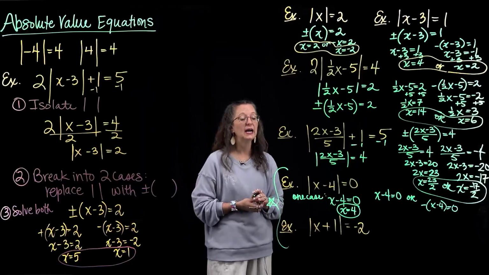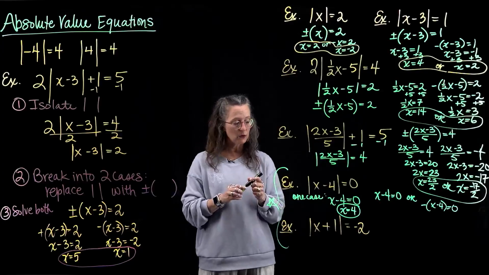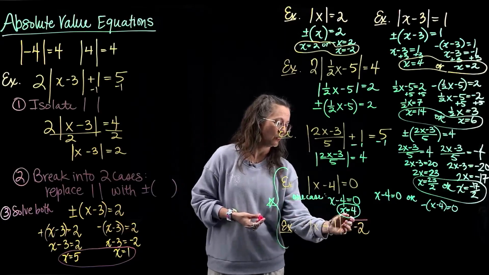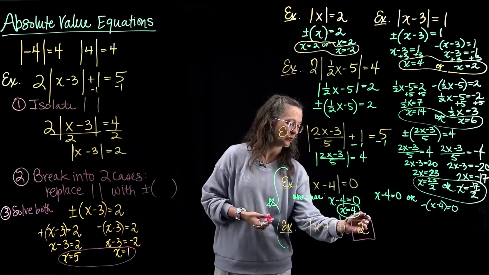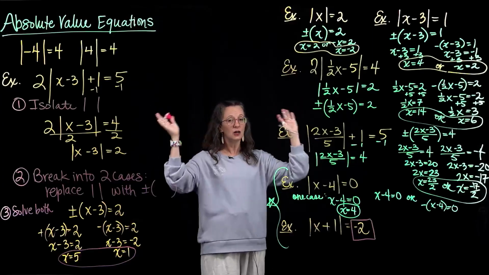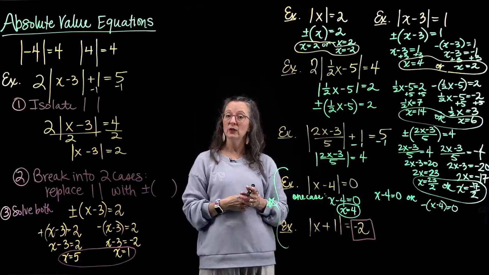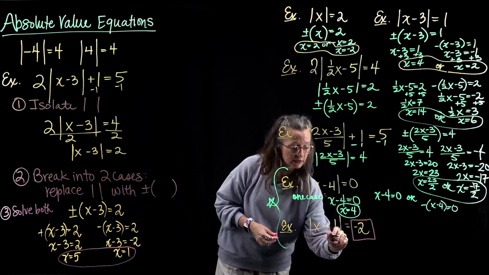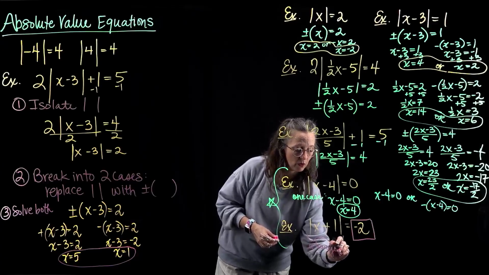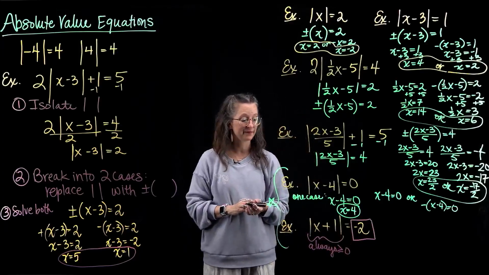The other one, I have an absolute value of x plus 1 is equal to negative 2. Now, I want this, the absolute value equal to negative 2, to set off all kinds of alarm bells in your head. Absolute value, remember, always returns a positive number or 0, but it is never negative.